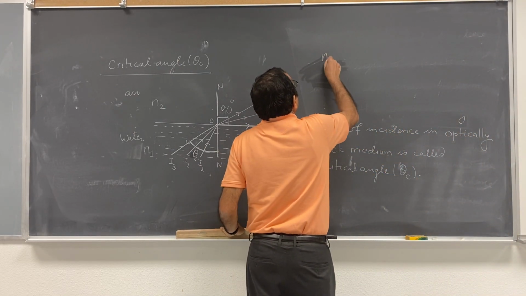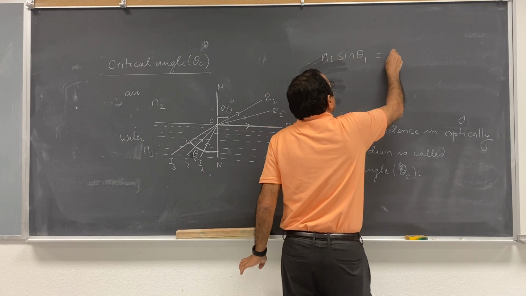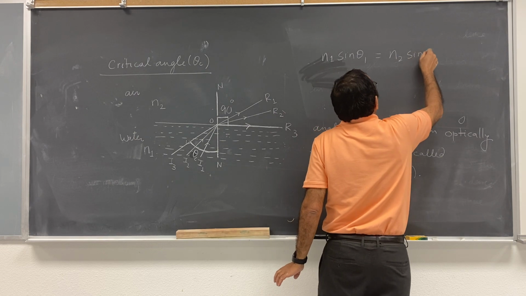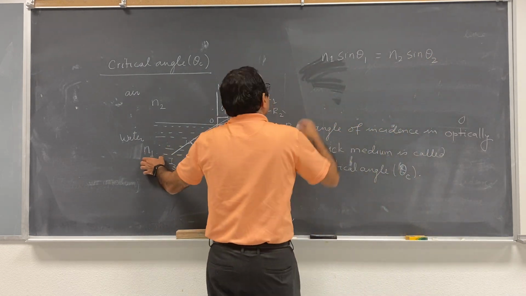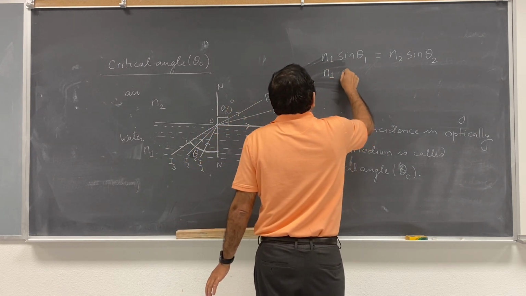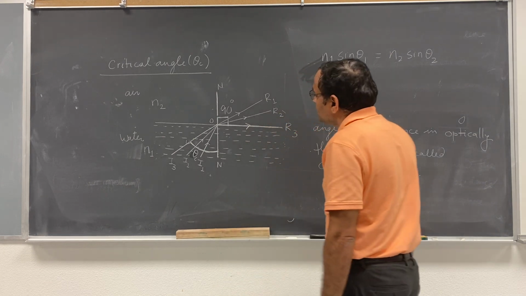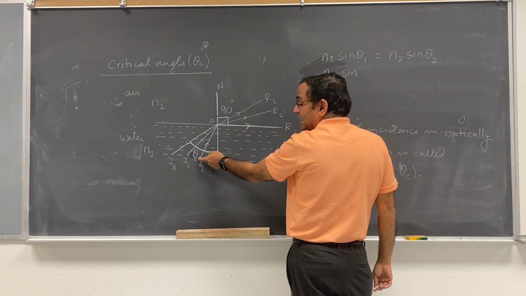Snell's law is N1 sine theta 1 equals N2 sine theta 2. Here N1 is the index of refraction of water in this case. Theta 1 is this angle, but here I represented it by theta c.